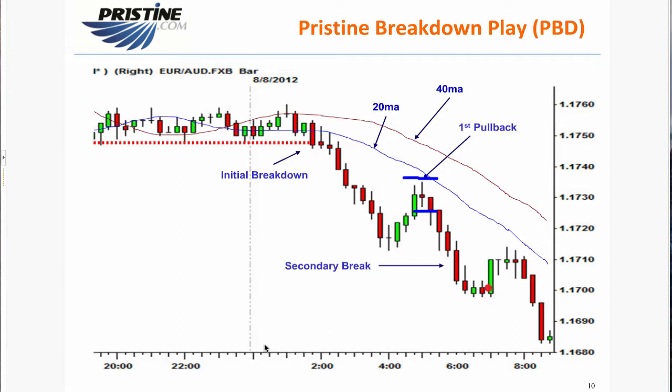And that's exactly what you got, a nice continuation lower before price then began to stabilize and then continue lower. As I look at this slide though, it does bring one other point to mind, and that is if you find yourself shorting the secondary break, one of the things I will tell you is that you should almost expect that shortly after your entry, price to move against your position a little bit, because the move from this high down through the prior low is 100%.